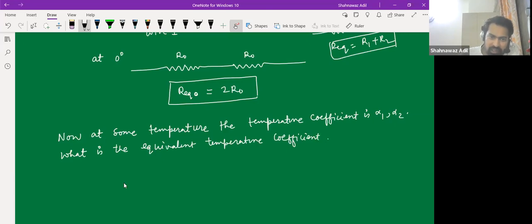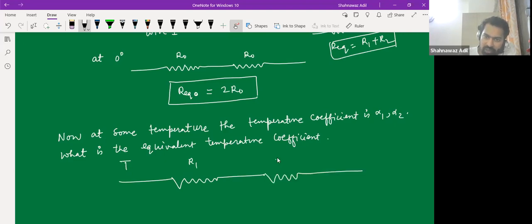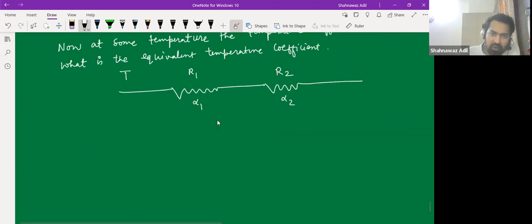When we connect these wires at some temperature T, this one will have R1 resistance and this will have R2 resistance. This one has alpha 1 coefficient and this one has alpha 2 coefficient. So we have to find the relation, or what the alpha equivalent is.